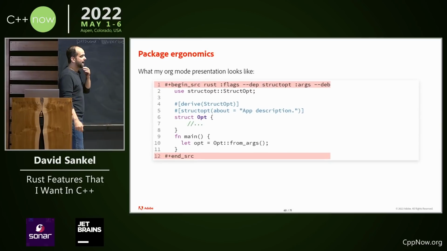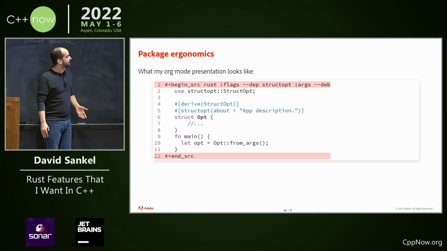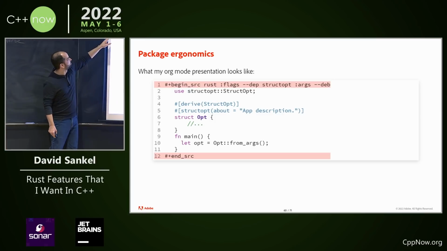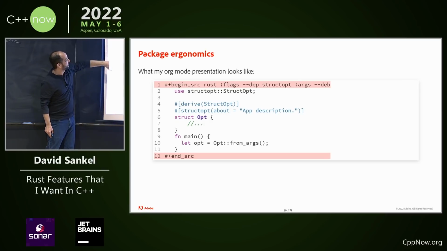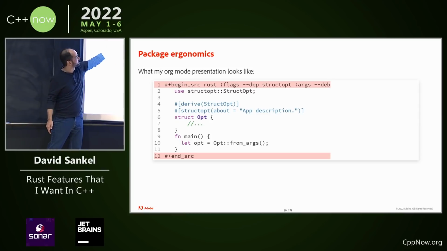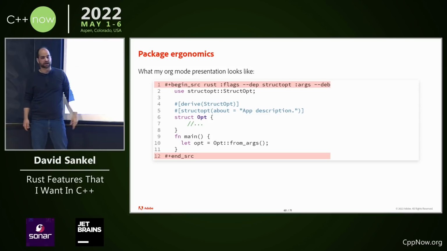Another thing, their package management, this is also part of their ergonomics. So I made this presentation using org mode, and in org mode, yes, it is the best thing ever, I have this inline code block, right? And look at that first line up there. I have, hey, this is a Rust code block, and by the way, I have these flags, and it depends on structopt.